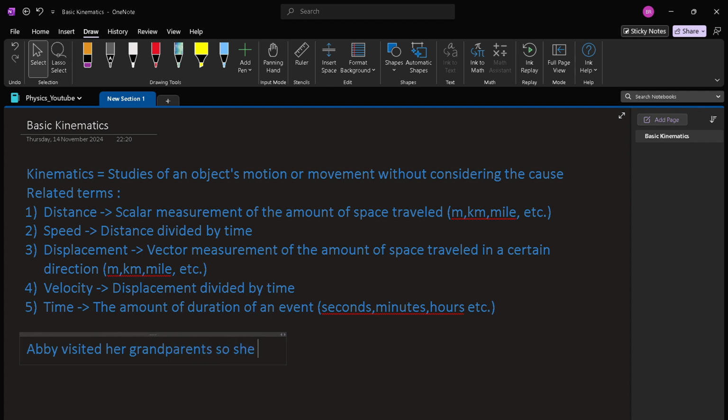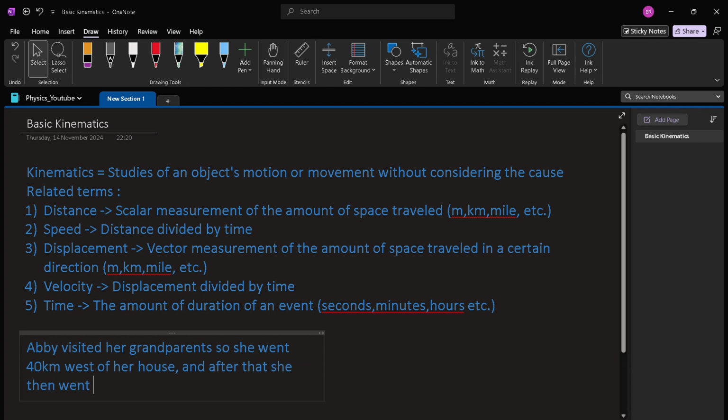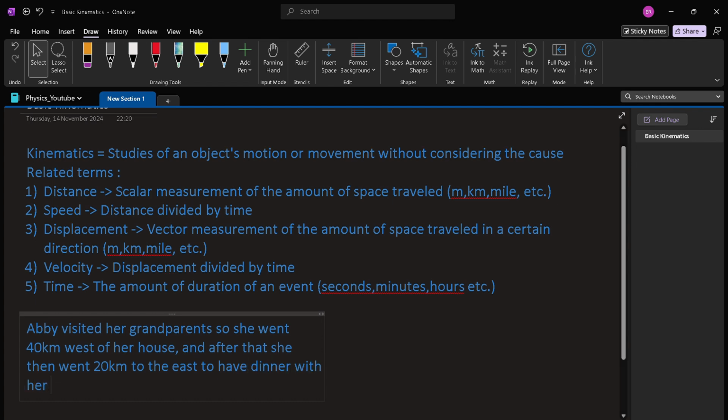So she went 40 kilometers west of her house. And after that, she then went 20 kilometers to the east to have dinner with her friends.